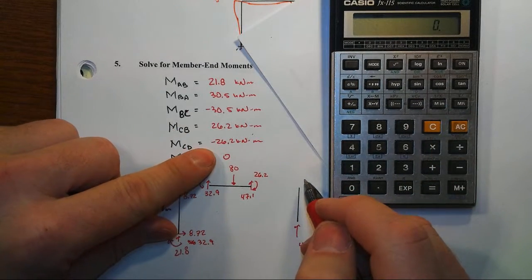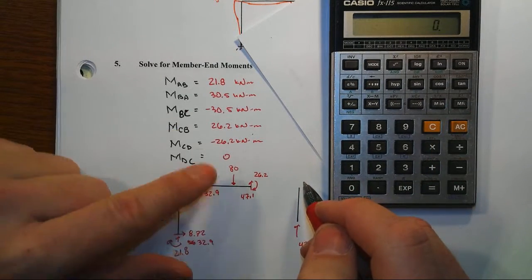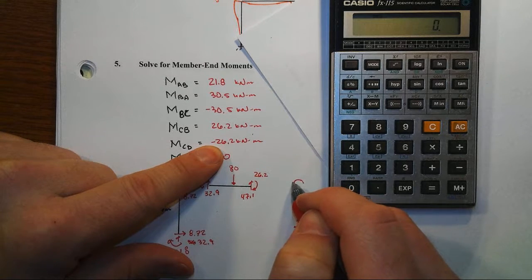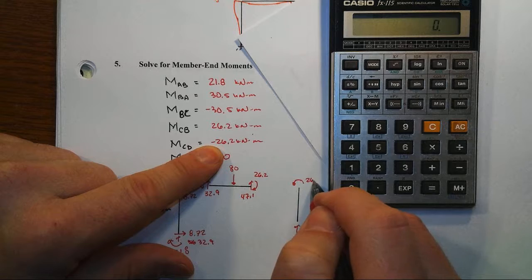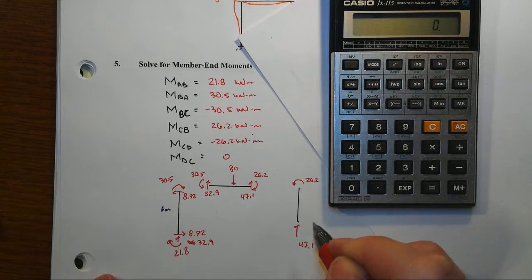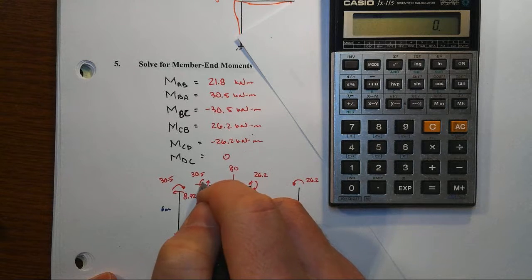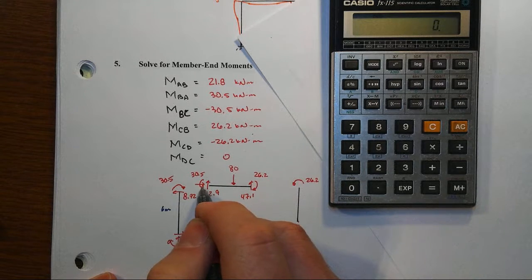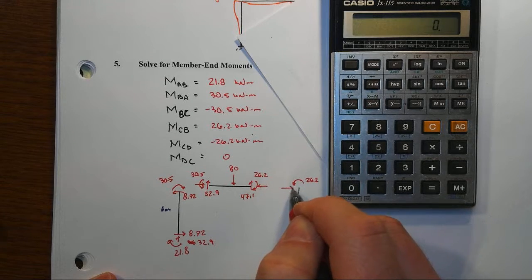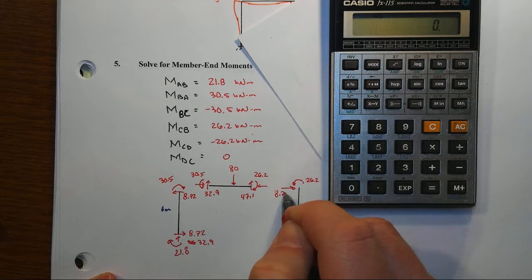At the top of CD we have 26.2 going in the opposite direction. We had the surprising result of 0 here. Now, if this is going to really work out right, then the shear at the top of this column becomes an axial force in the beam, and that would be 8.72.